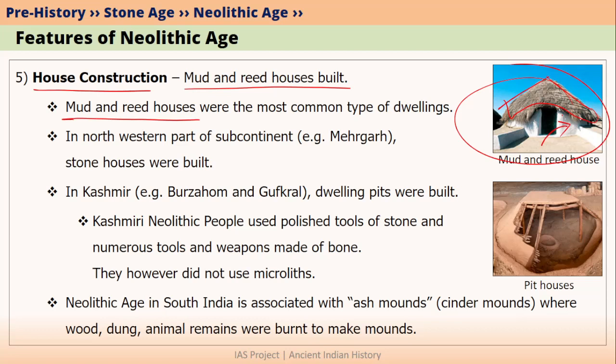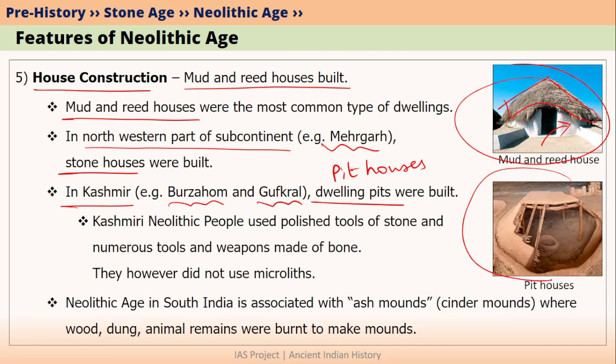However, in different regions of the subcontinent, house building technology was a little bit different. For example, in the northwestern part of the subcontinent, an example is Mehrgarh in Balochistan. These people built stone houses. In the Kashmiri Neolithic culture, for example, we have two sites, Burzahom and Gufkral. These people built dwelling pits, which are also called pit houses.